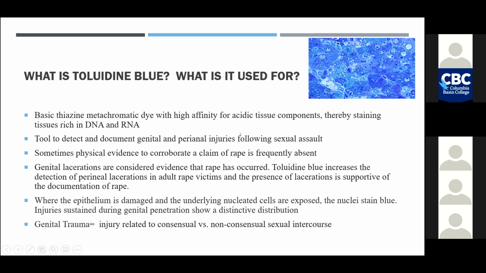A rape kit is used to gather forensic evidence, like fibers on clothes, hair, body fluid, maybe cervical tissue samples. And this is another tool that they can also use.